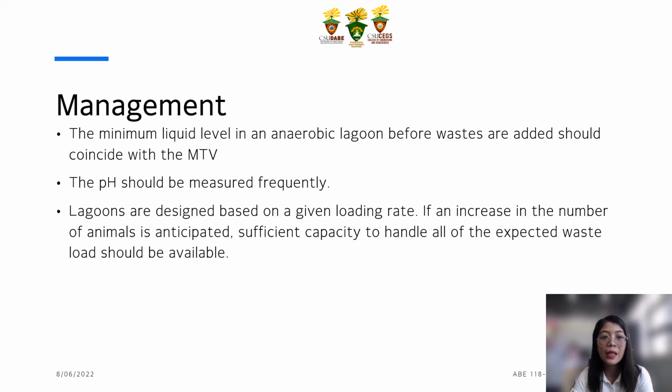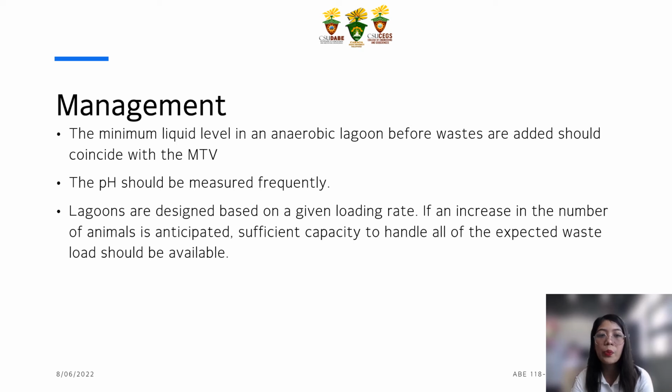It is also good practice to install markers for the minimum treatment and maximum operating levels, because by this we can anticipate its maximum tolerance and its capacity. The minimum liquid level in an anaerobic lagoon before waste is added should coincide with the MTV. If possible, a lagoon should be put into service during summer to allow adequate development of bacterial populations.